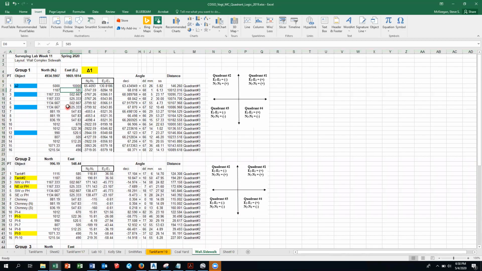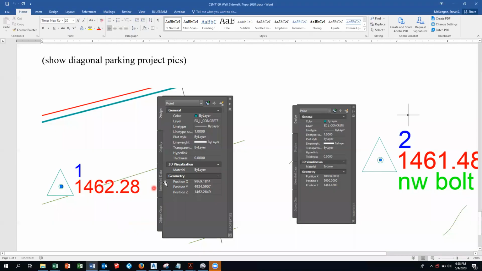So I did a wall sidewalk. These two numbers right here, 4934 and 9869. Right, 4934, 9869. That was our N1, E1.